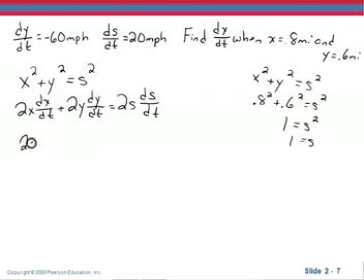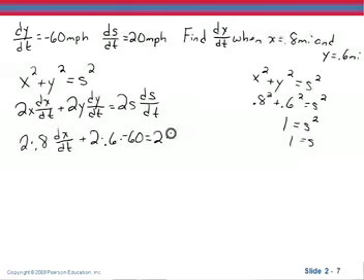Now plug in all the information we know. We have 2 times, we said x was 0.8, dx/dt is our unknown, that's what we're looking for, plus 2 times y is 0.6, and dy/dt is negative 60, equals 2 times s, we just found to be 1, and ds/dt is 20. Now go through and multiply.